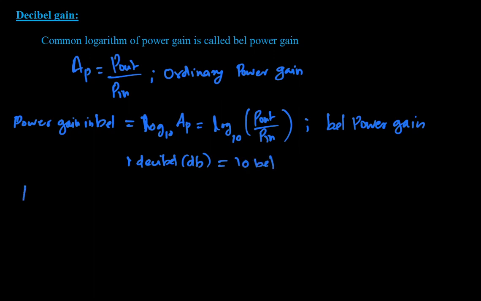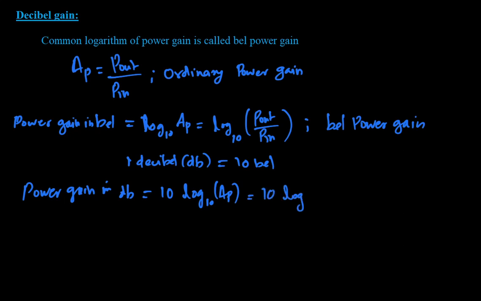So the power gain in decibel is given by 10 into logarithm to the base 10 of the power gain, that is AP, which is equal to 10 log P out by P in. This represents the basic unit of expressing the gain of a transistor amplifier, but it is expressed in terms of the power.